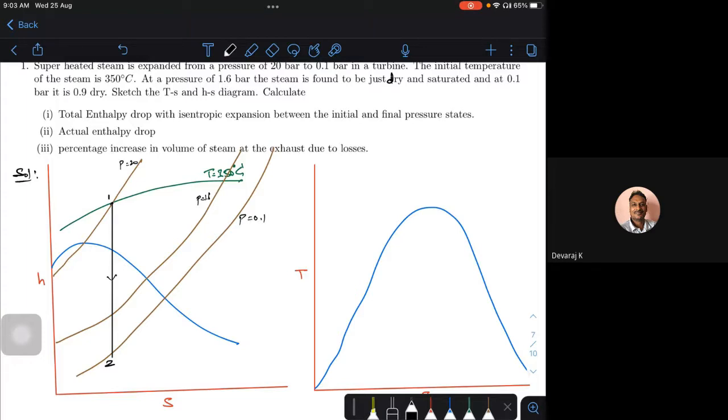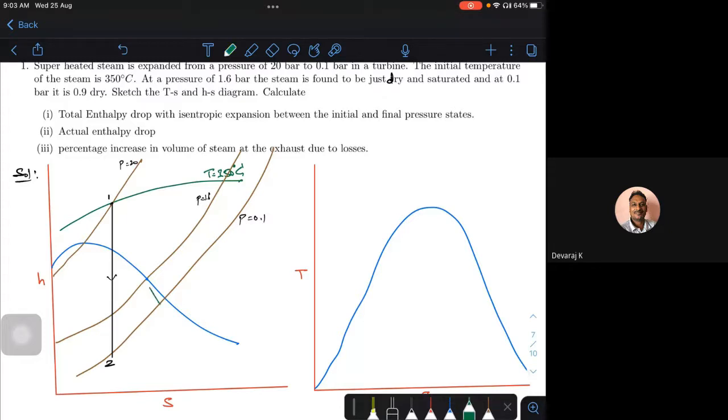Now if I look at the actual condition, they are telling us that at this particular point, at 1.6 bar, it is just dry saturated. That is, if I draw an actual line like this, using a different color, green.